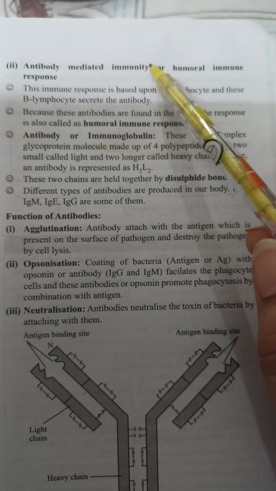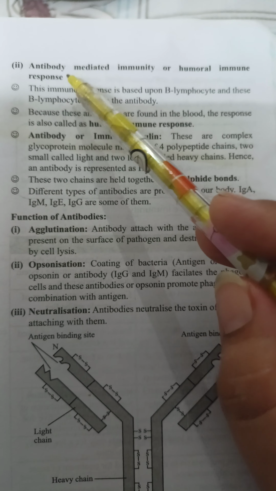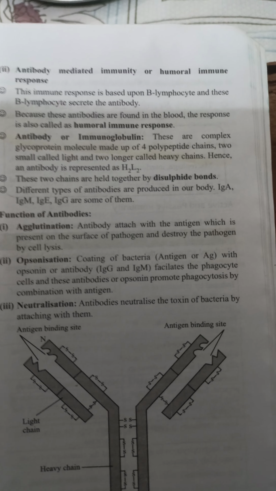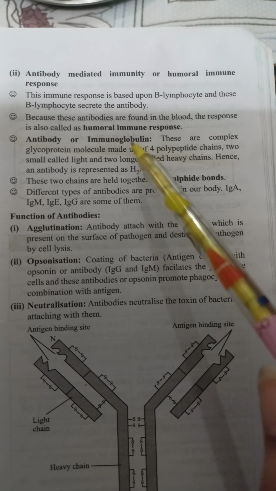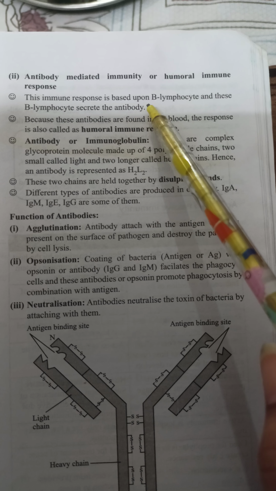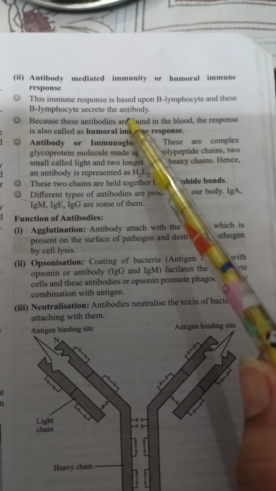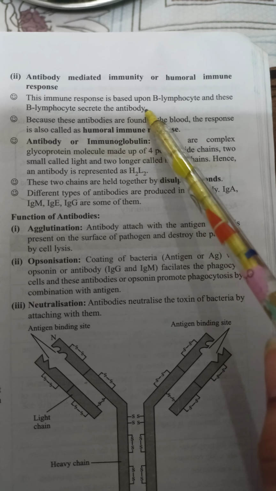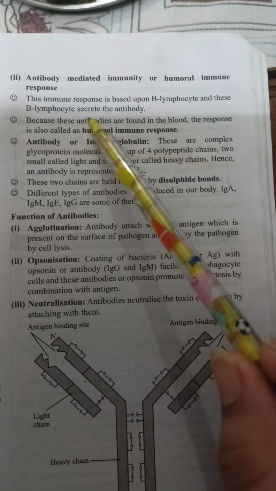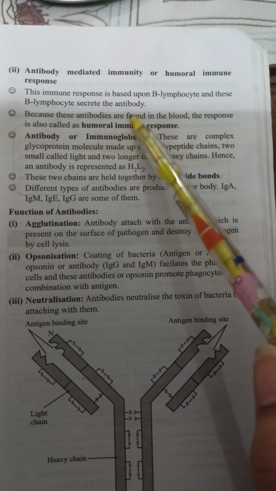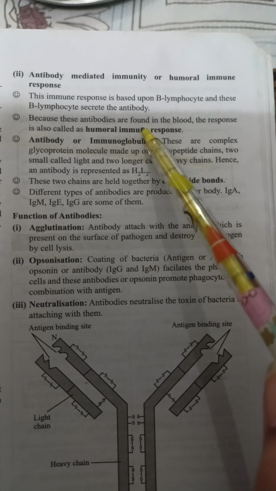Now this is the most important part of the chapter: antibody mediated immunity or humoral immune response, in which the antibodies produced by the B lymphocytes are present in the blood, right? So this response is based on the B lymphocytes, and these B lymphocytes secrete the antibody. Now we will go through the structure of antibodies.